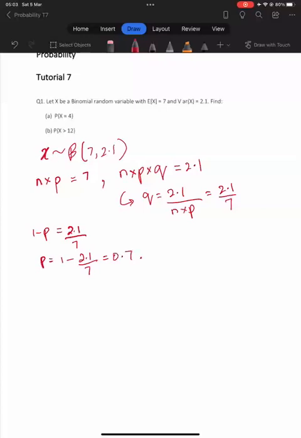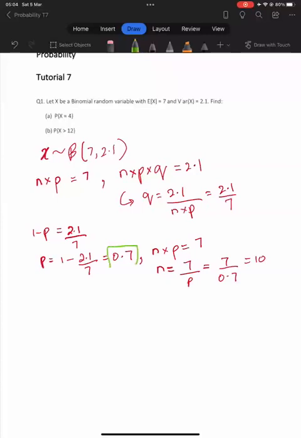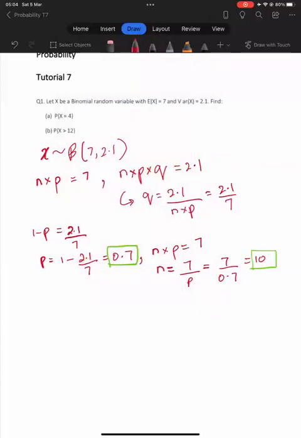And then we can use this and find the number of trials. n is 7 over p, which is 7 over 0.7, which should be 10. So the number of independent trials is 10. So we have these two now. And using these, we can find first the probability that X is equal to 4.